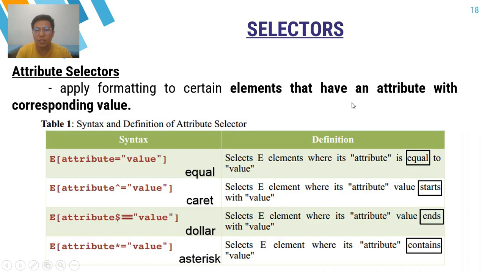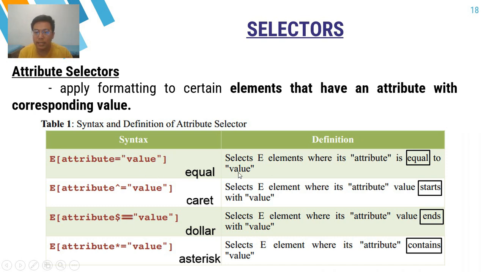Next is CSS3 selectors. Attribute selectors apply formatting to certain elements that have an attribute with a corresponding value. The syntax and definition of each attribute selector will be explained. We have here our element, followed by square brackets, and inside the square brackets will be the name of the attribute, the symbol, and then the value.